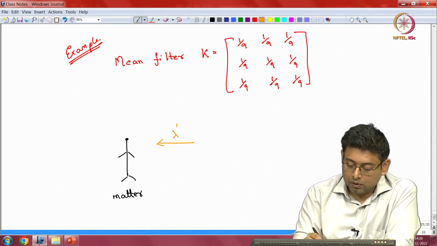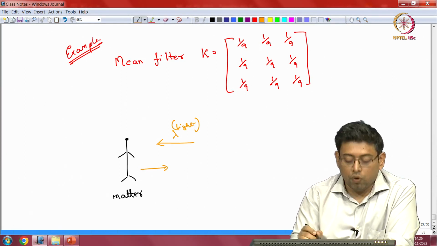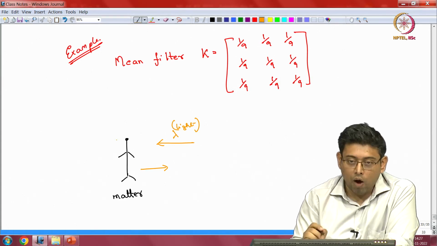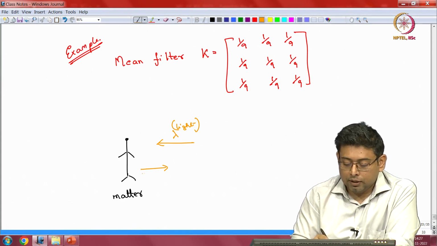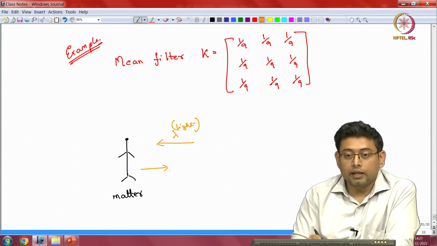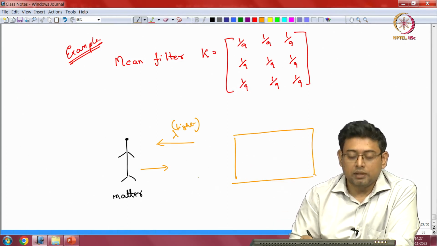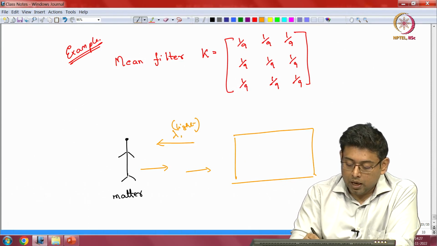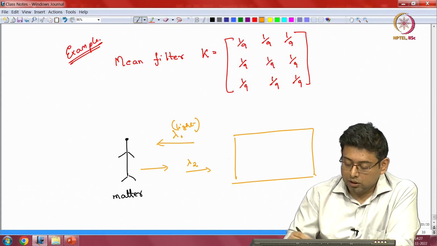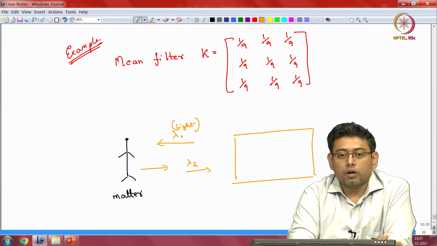So this is my light, and then it's going to interact with it somehow. How, we are going to look into, and then it's going to go back into your optical system. So this is the light that returns to your optical system. So this could be a lambda wavelength, and this could be another wavelength that is returning back. So this wavelength now has to be processed by your optical system, and finally it gets recorded on your camera.